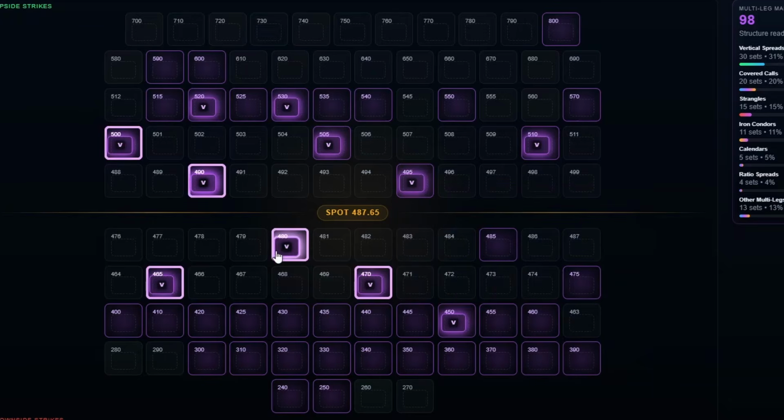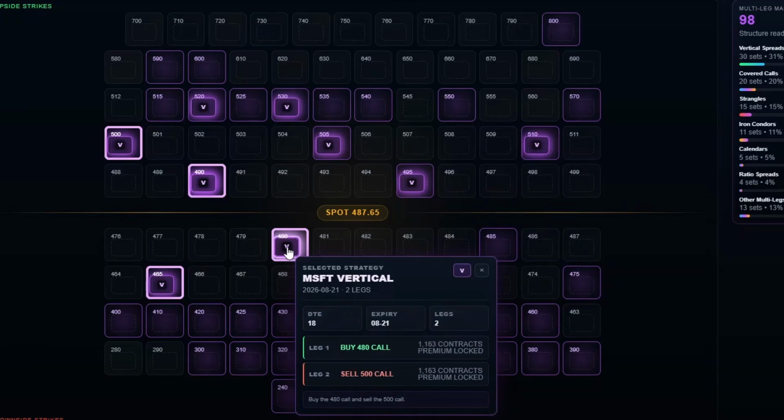Let's look at the put side here. Actually, this is also a call spread, buying 480, selling 500. Huge position here. This one is also bullish.